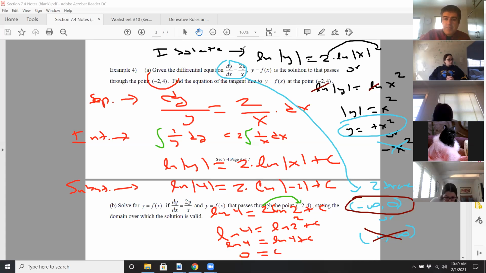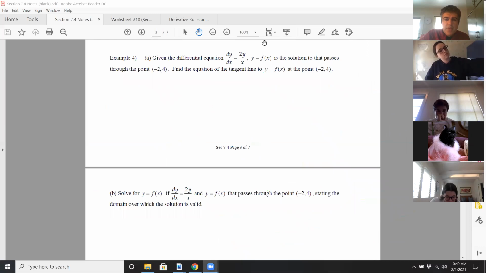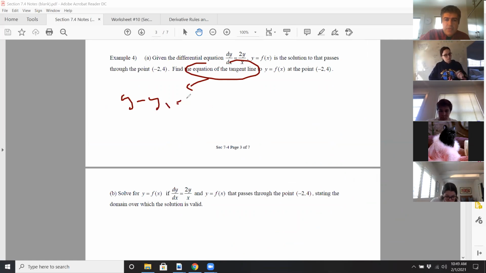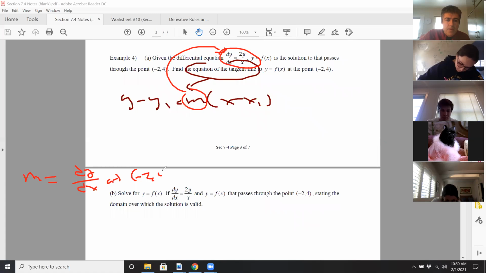Now let's talk about part A. For part A, they're asking to find the equation of the tangent line. Remember, the equation of a tangent line is really easy. Just use point slope form. And remember, m is your derivative, so m equals dy over dx at negative 2 comma 4. So let's just work that out. That's just 2 times 4 over negative 2, which is negative 4.